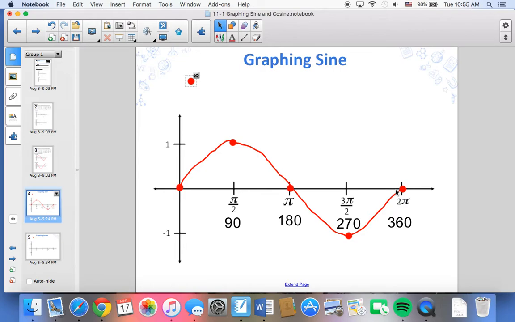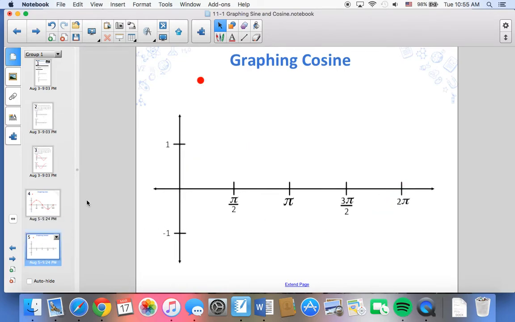So I'll do cosine with you right now. Cosine of 0 is 1, so we'll put our dot there. That's our first main dot. Cosine of pi over 2, or 90, is 0. Cosine of pi, or 180, is negative 1. Cosine of 270, 3 pi over 2, is back to 0. And then cosine of 2 pi, or 360, is 1.